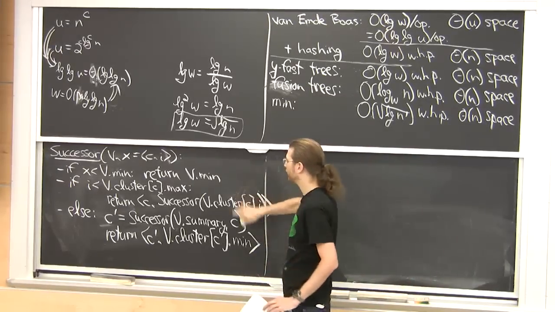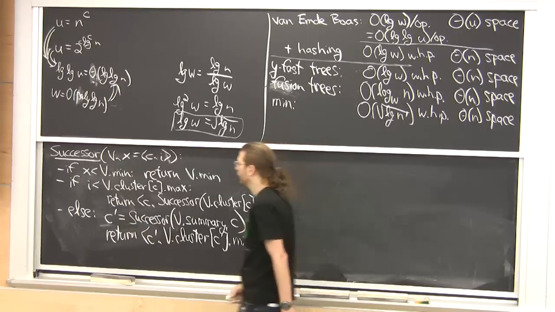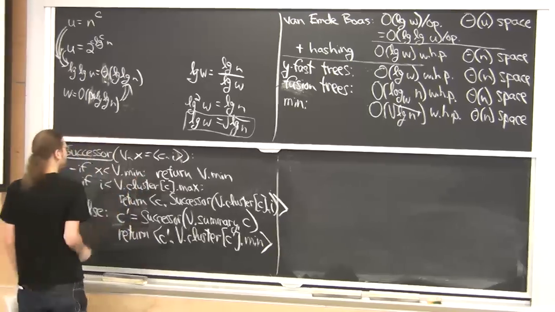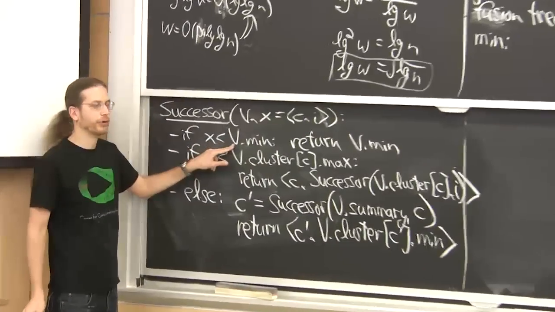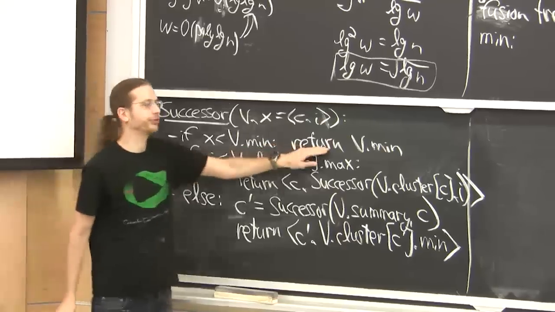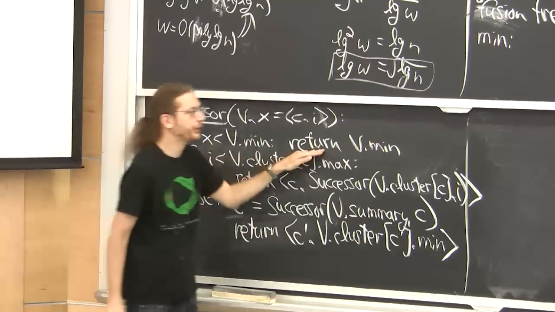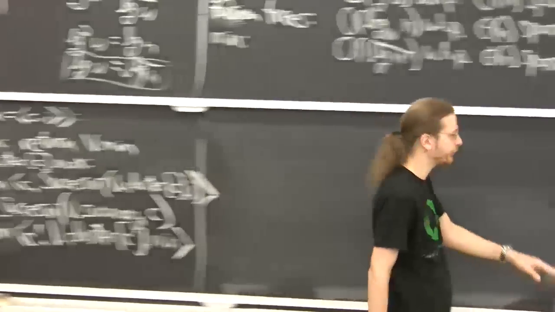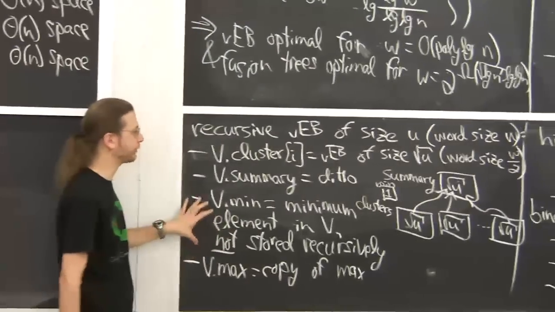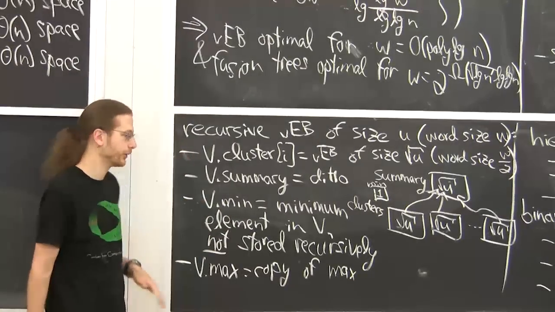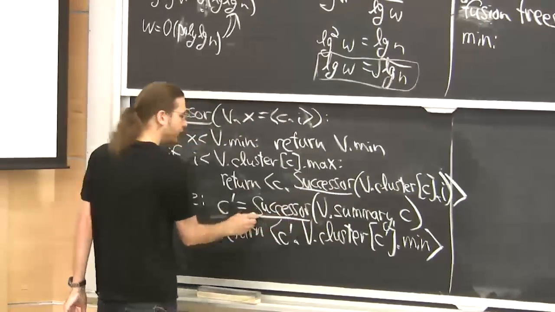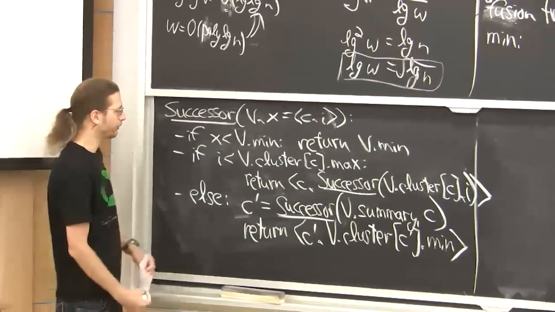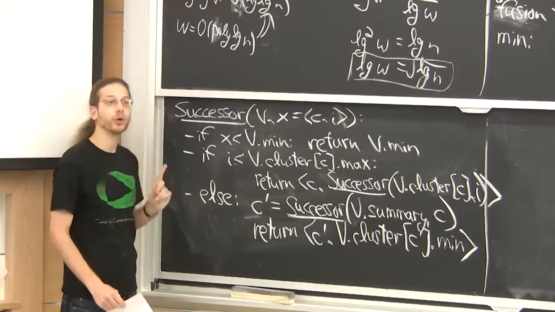And it basically has two cases. But there's a special case in the beginning, which is if the thing you're querying happens to be less than the minimum of the whole thing, then of course the minimum is the successor. This has to be done specially because the min is not stored recursively. And so you've got to check for the min every single level of the recursion. Okay, but that's just constant time, no big deal. Then the interesting thing is that we have recursions in both cases, but only one.